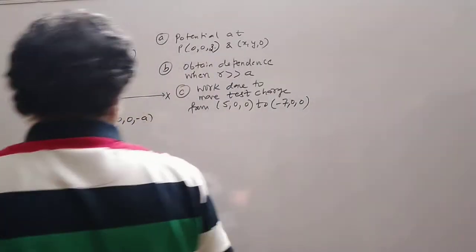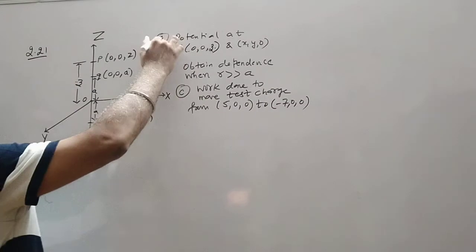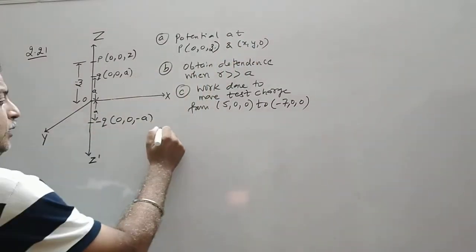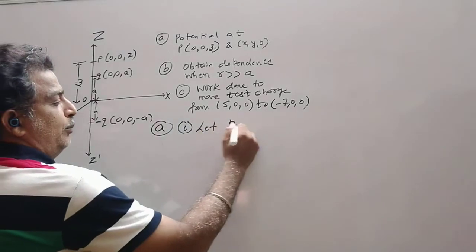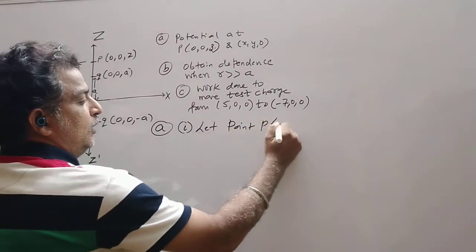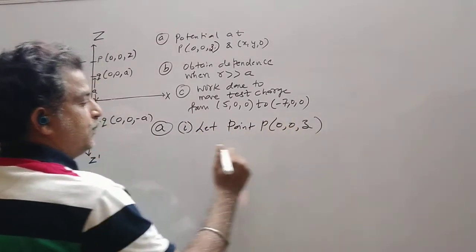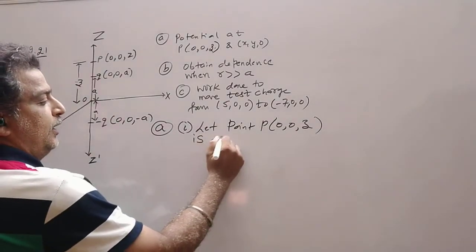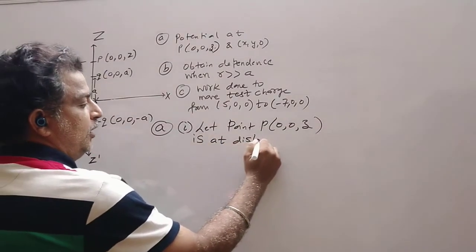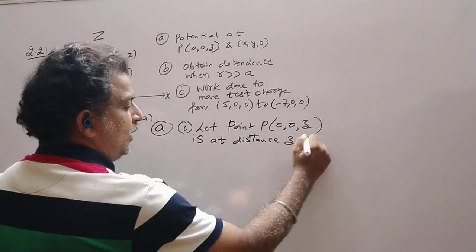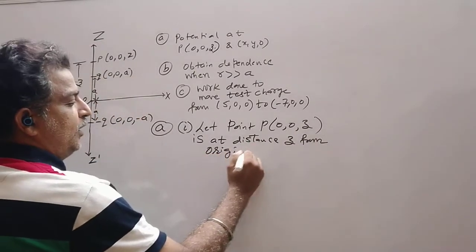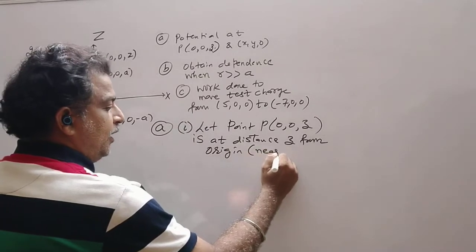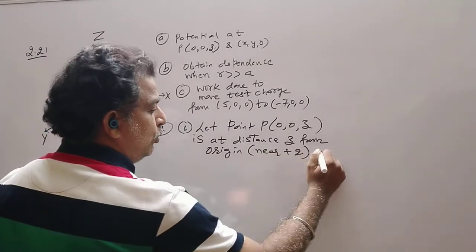So for the first part, this part a, or first part, has two portions. So let us say, let point P 0, 0, z be at distance small z from origin, near plus q charge.